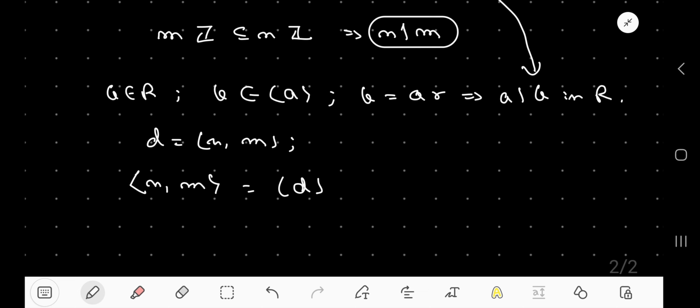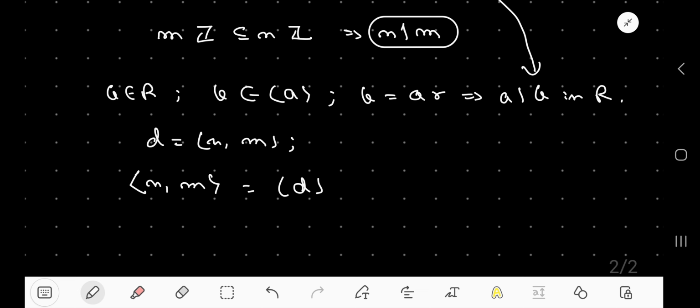Whenever I talk about two integers n and m, I can talk about their greatest common divisor d, and then bring down the finitely generated ideal using n and m to the principal ideal generated by d.